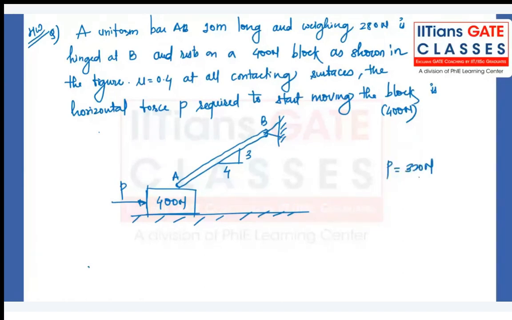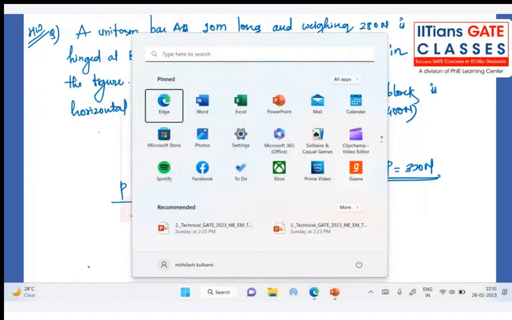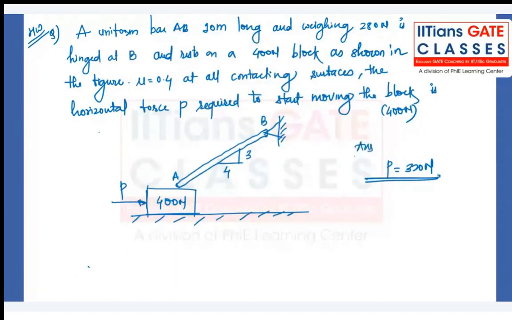Uniform bar AB of 10 meter long, and weighing 280 Newton, hinged at point B as shown in the figure, and rests on a 400 Newton block shown here. Mu is 0.4 for all contacting surfaces. The horizontal force P required to start moving the block is?